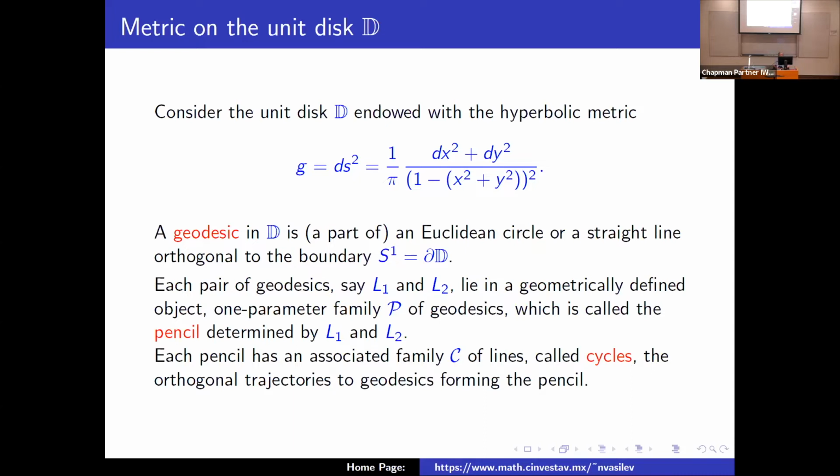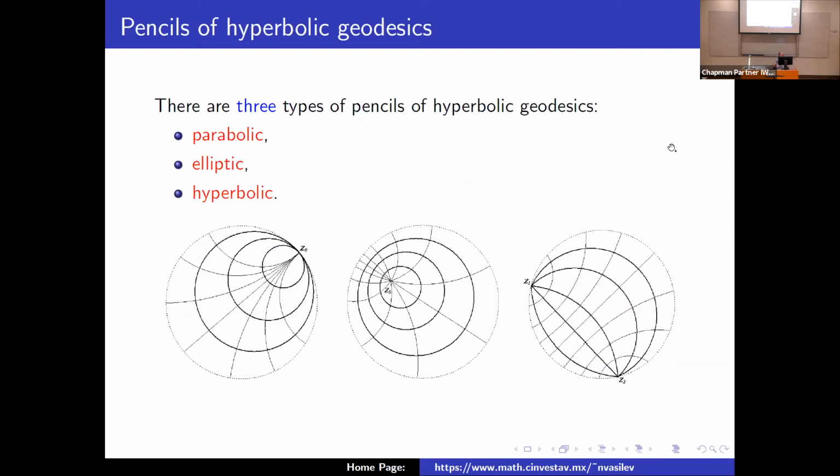Now, having two geodesics, L1 and L2, we can define a geometric object, a one-parameter family of geodesics called the pencil determined by L1 and L2. So what do we have in our Euclidean world? Generically, two lines are either parallel or intersect, nothing more. But in hyperbolic geometry, there are three cases.